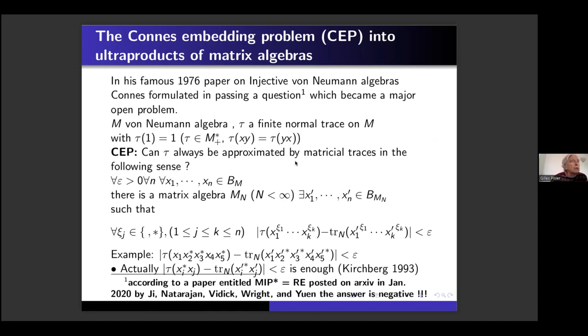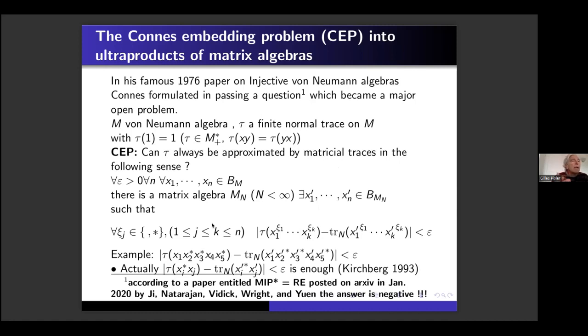And the question is, can they always be approximated by matricial traces? So traces acting on the usual matrix algebra, the usual trace. This is what I denote by tr_n, the normalized trace.